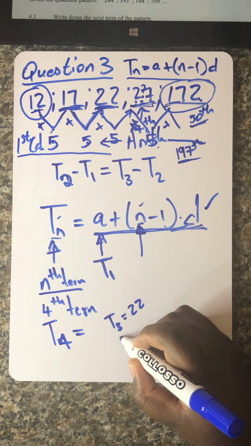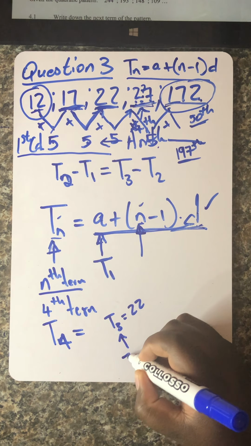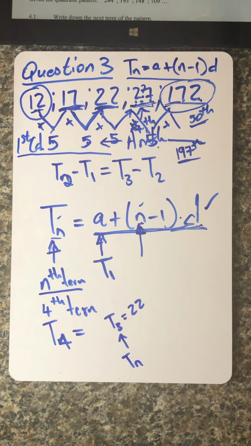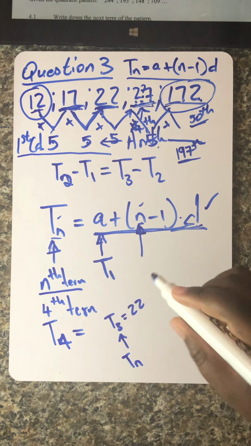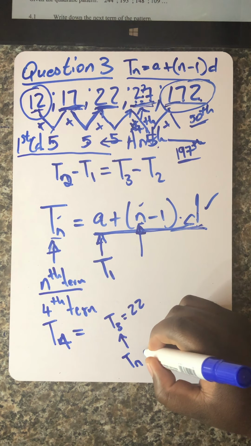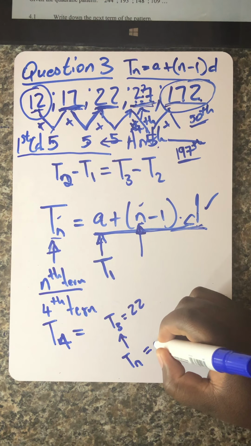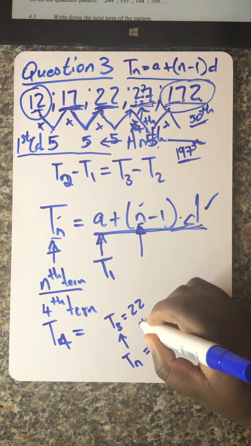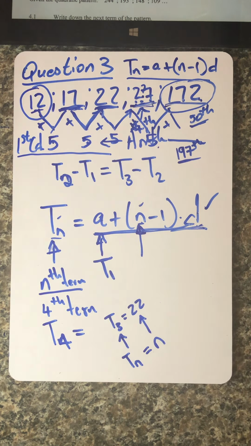So that means term number 3 is what we refer to as TN, and this term number 3 is equal to N, which is 22. I'm not sure if this makes sense, guys, but I hope it does.